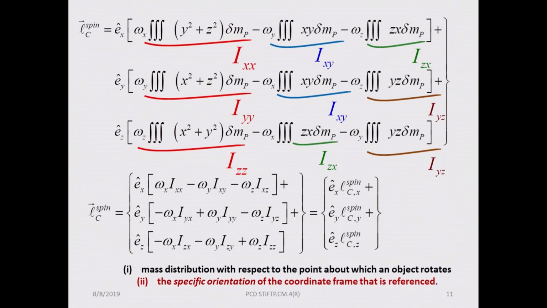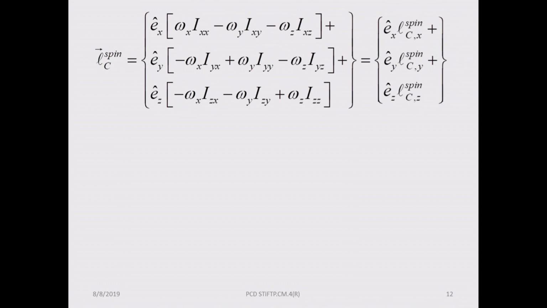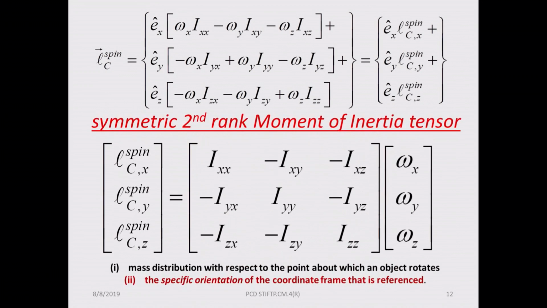That is what makes the position vector a vector in the first place, because a vector is defined as a quantity whose components transform according to the cosine law when you rotate a coordinate system. So about different coordinate systems, you will have different components. So the moment of inertia tensor will be specific to a particular orientation of the coordinate system.